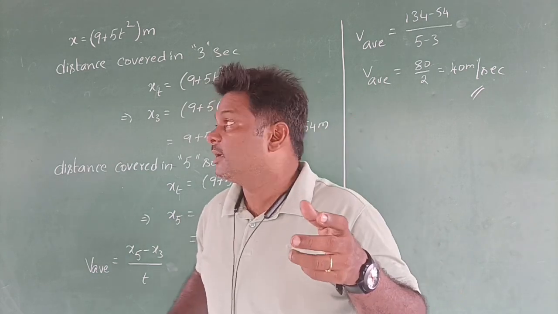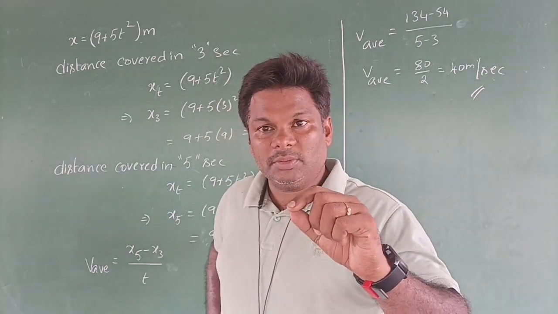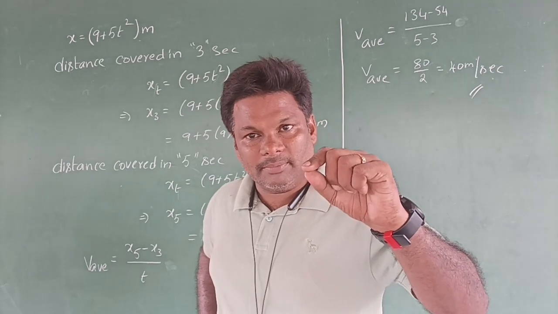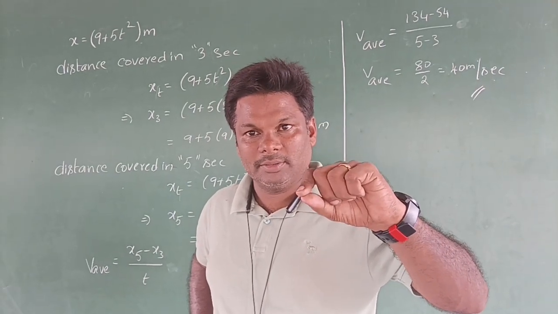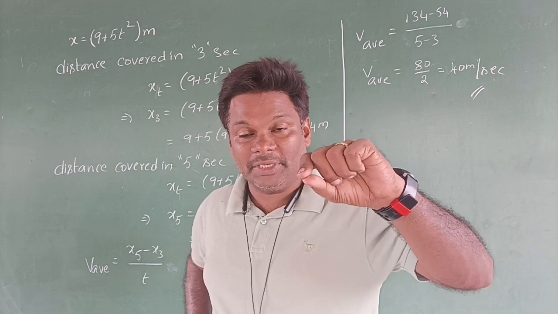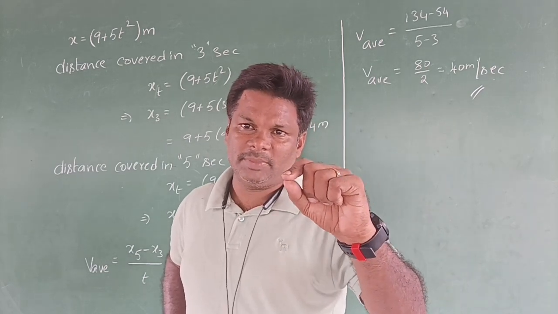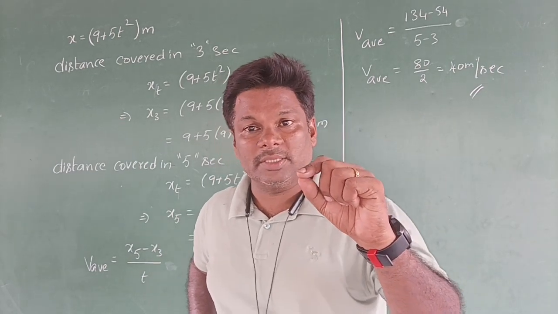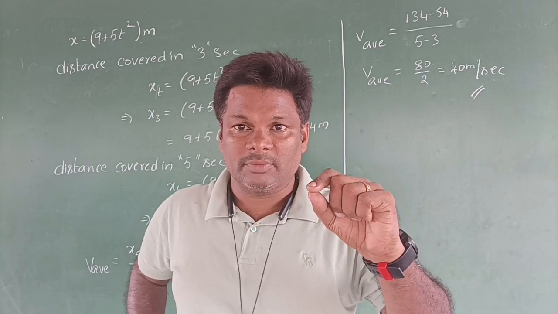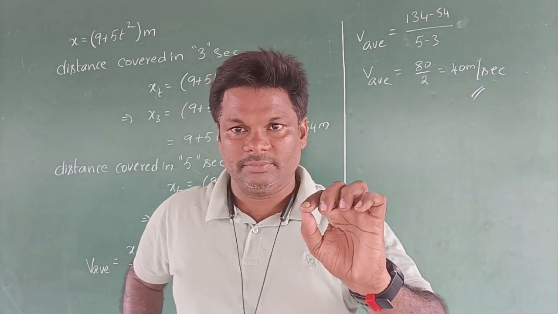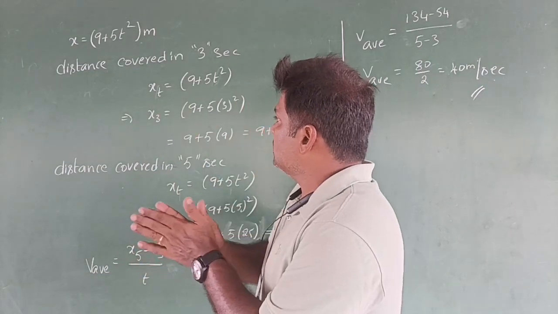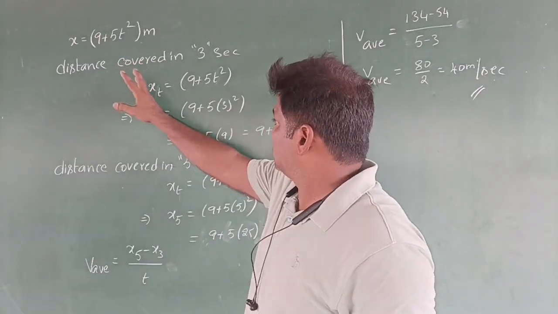So you can say their magnitude and direction are both given to you. Magnitude means the size, whether it is 30 kilometer per hour, 40 kilometer per hour, like that. Direction is a straight line.